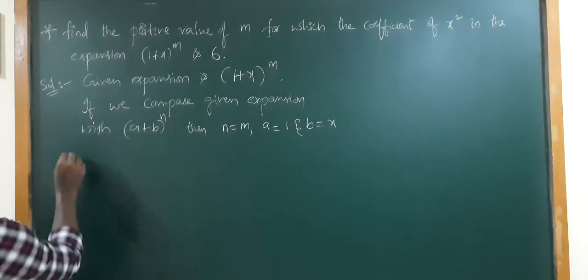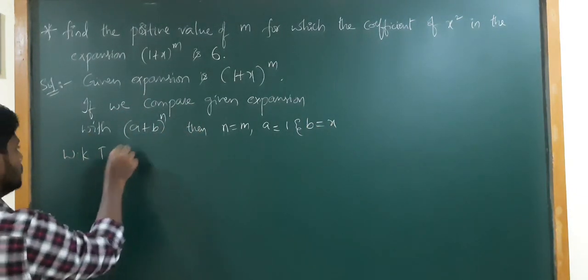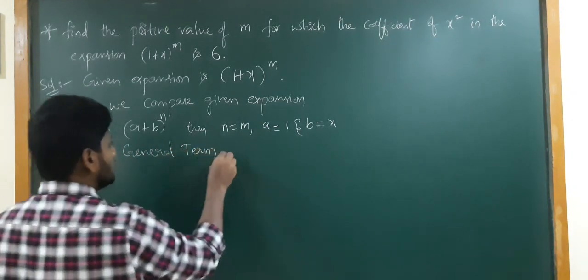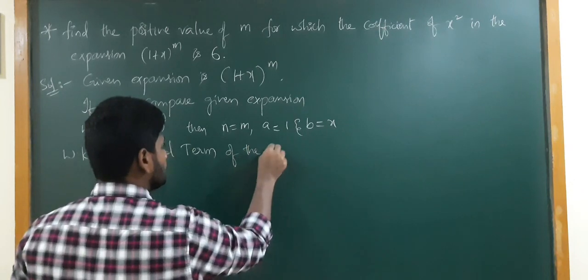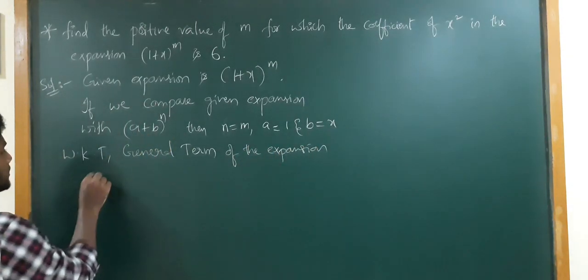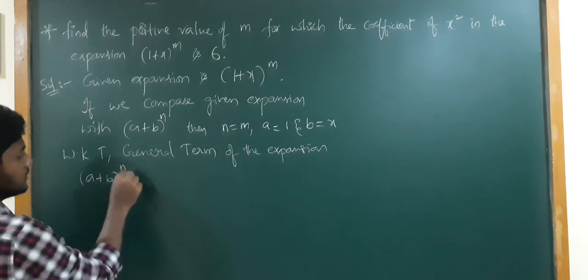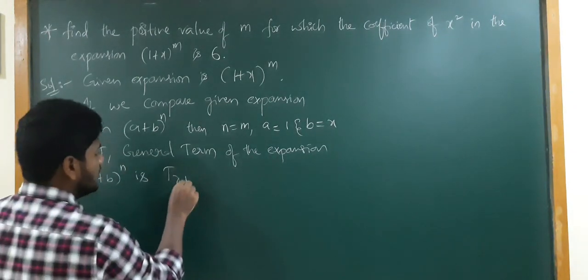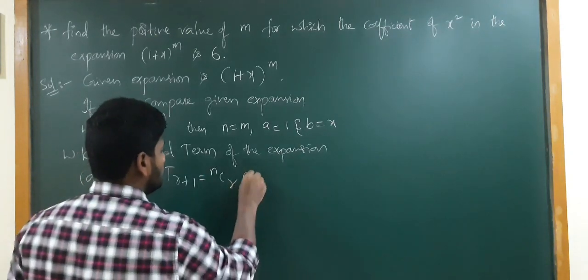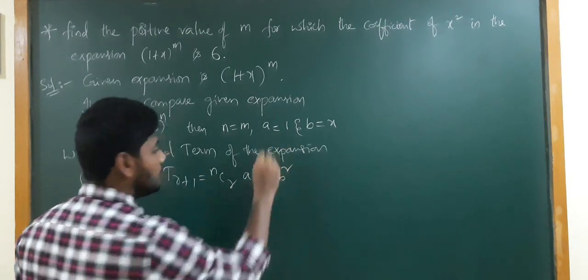So from this we know that the general term of the expansion a plus b whole to the power of n is, what we know, T r plus 1 is equal to nCr a to the power of n minus r into b to the power of r.